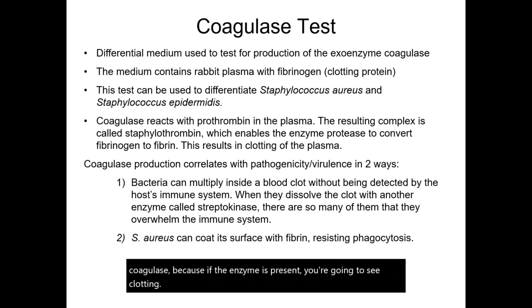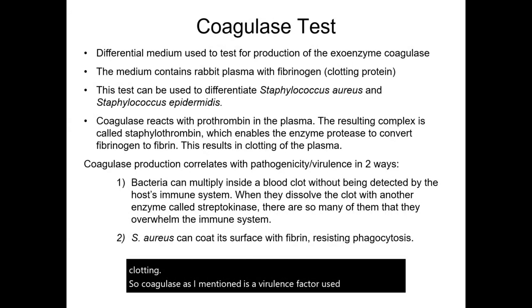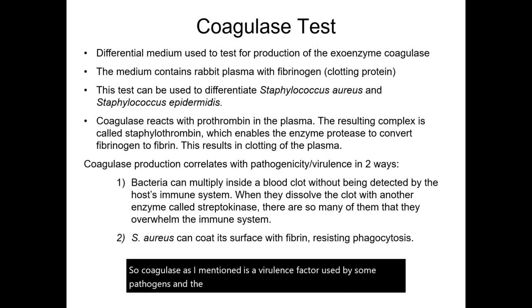So coagulase, as I mentioned, is a virulence factor used by some pathogens. And the reason forming clots can be helpful is that some pathogens can actually multiply and replicate inside of that blood clot. And this allows them to replicate into large numbers without being detected by the immune system.